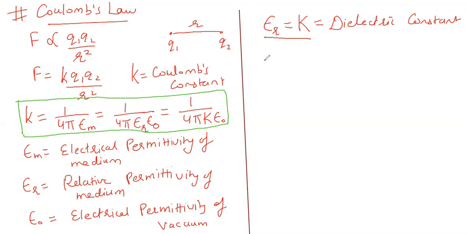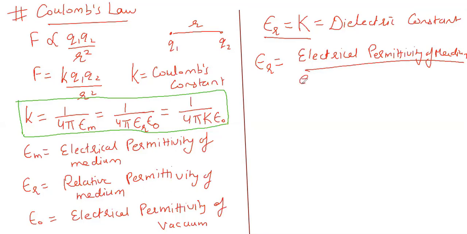Now epsilon r, once again, I can write what epsilon r is. Epsilon r is the electrical permittivity of the medium divided by the electrical permittivity of vacuum. Now I'm sure you should be remembering by observing this formula something from earlier classes.